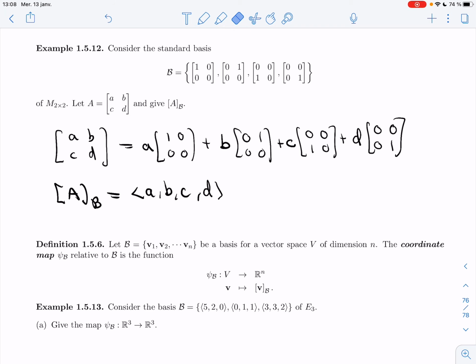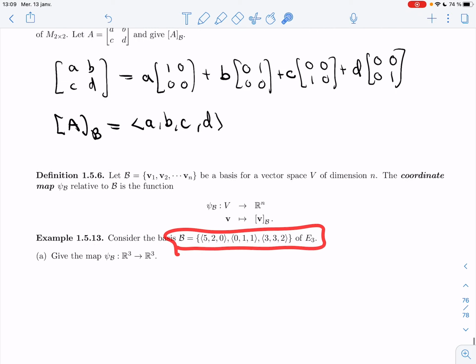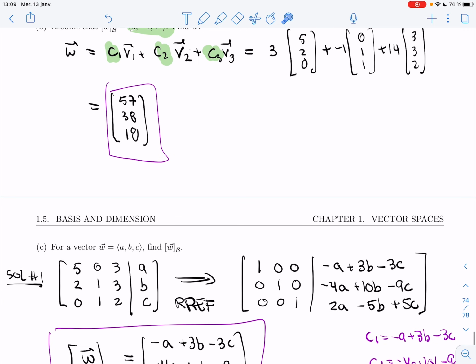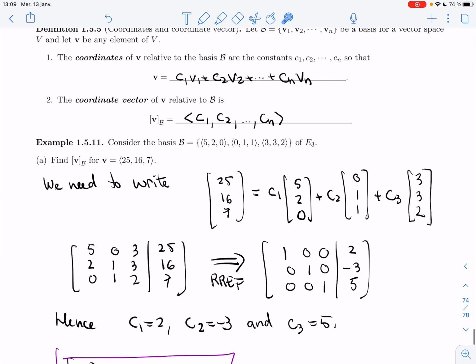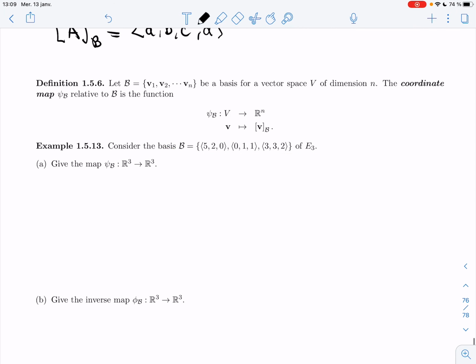All right, so just to finish, I want to really spell out this map in the example we did a bit earlier on. So example 1.5.13, we'll be looking again at this basis for R3. So that's the same one we had in example 1.5.11, same basis. Give the map phi B from R3 to R3.